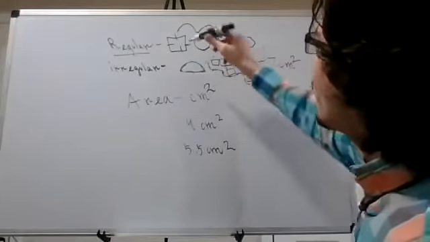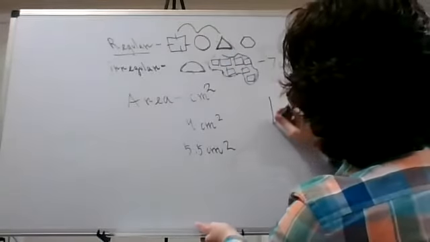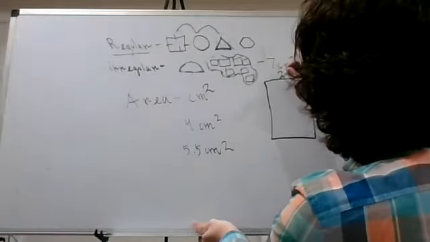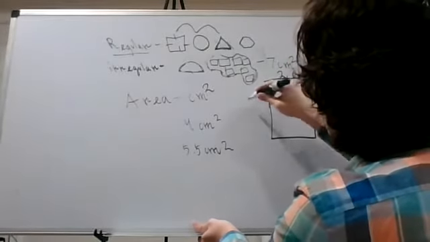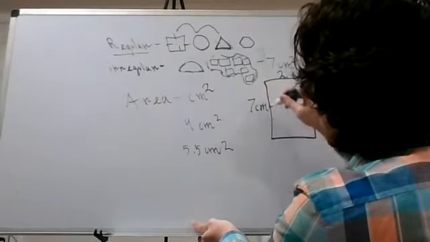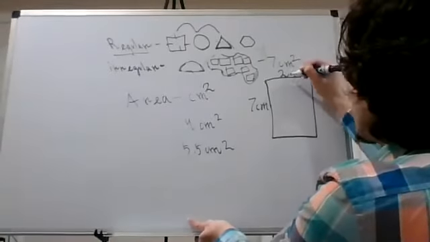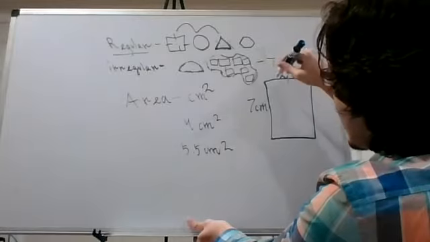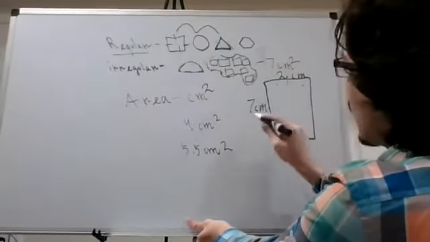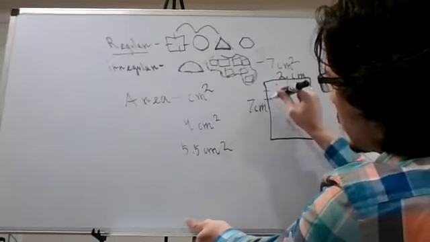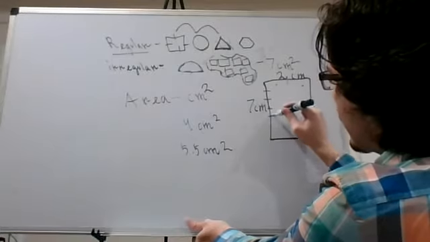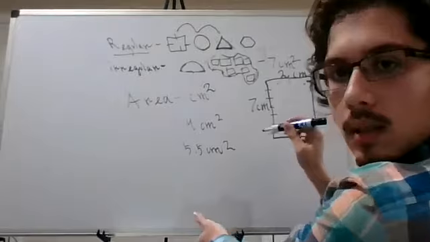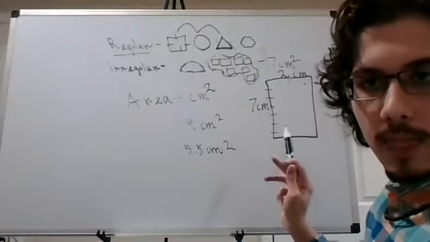Now, if we have a square, or no, let's go to a rectangle. If this rectangle is 2 centimeters by 7 centimeters, that means this side of the rectangle can fit 1 centimeter here and 1 centimeter here, whilst this side can fit 1, 2, 3, 4, 5, 6, 7 centimeters.